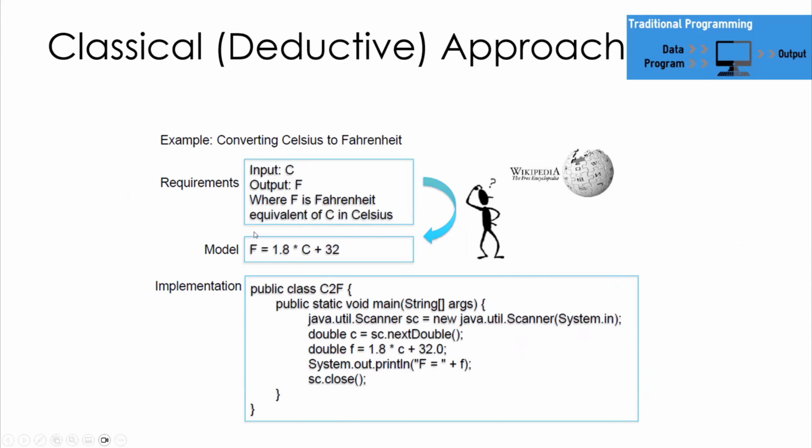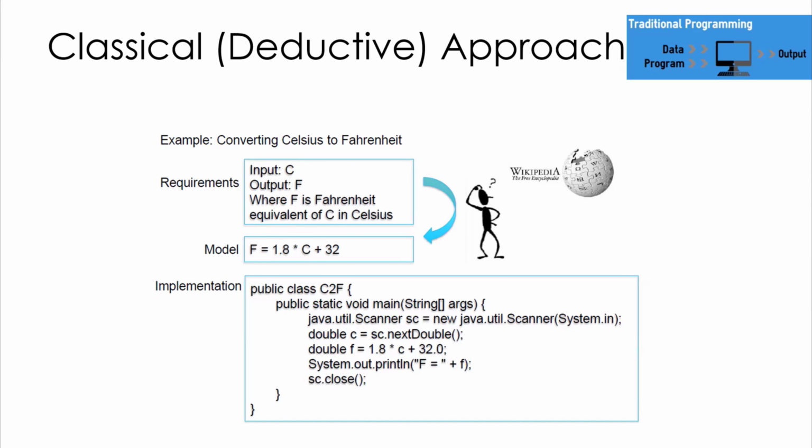So you know what we call a model: how to go from the input in Celsius and compute the output in Fahrenheit. Then we can do it in some programming language, in this case Java, but it can be Python, C, whatever you like, and we get our results. We follow more or less the actual conversion as it's defined.